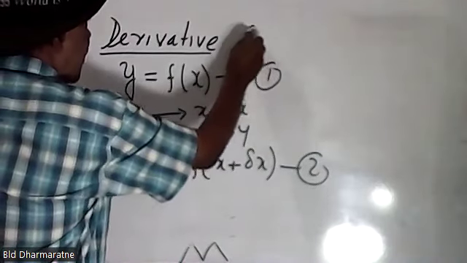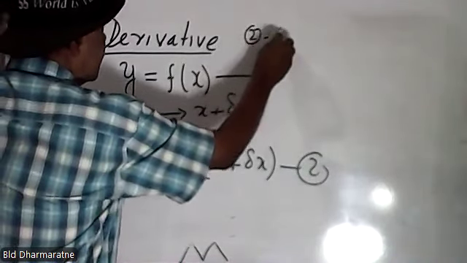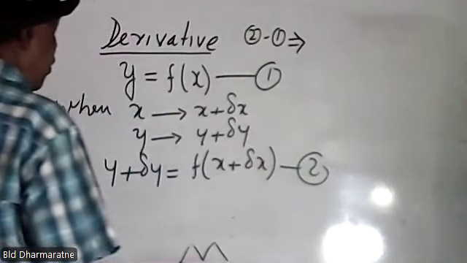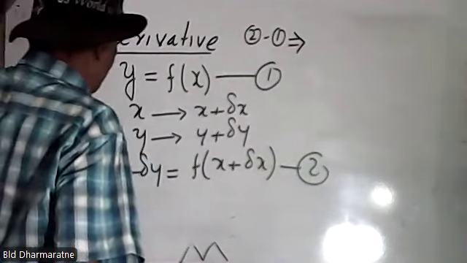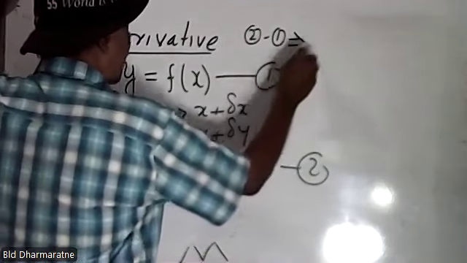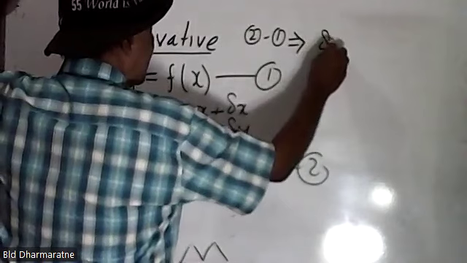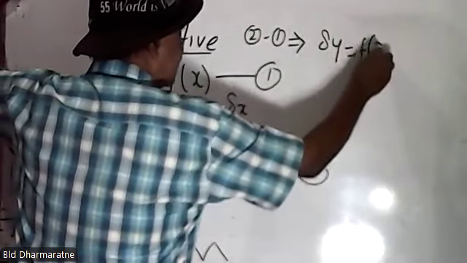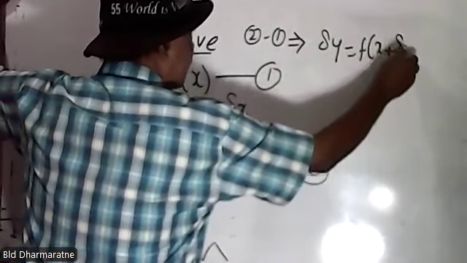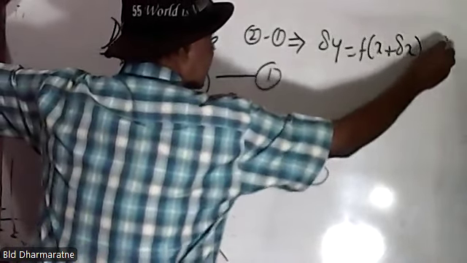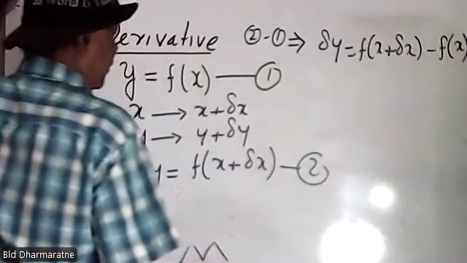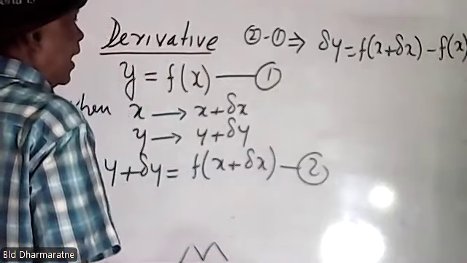Subtract 1 from 2. What is happening? It will give a very important result. Delta y equals f of x plus delta x minus f of x. Right? Now we divide by delta x.